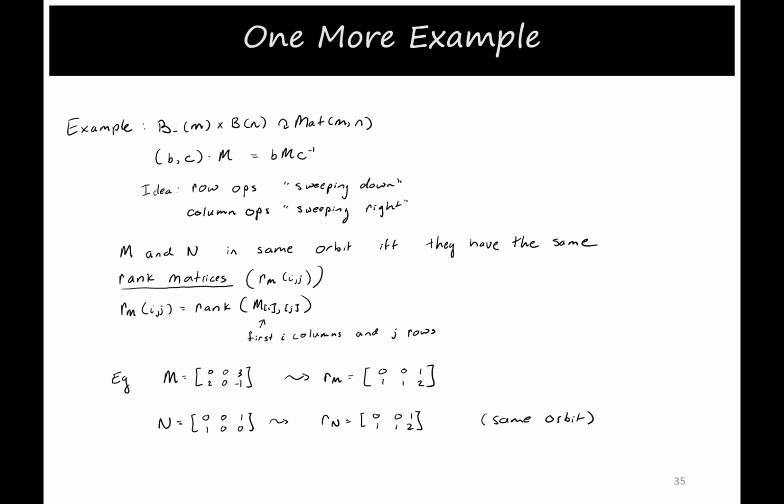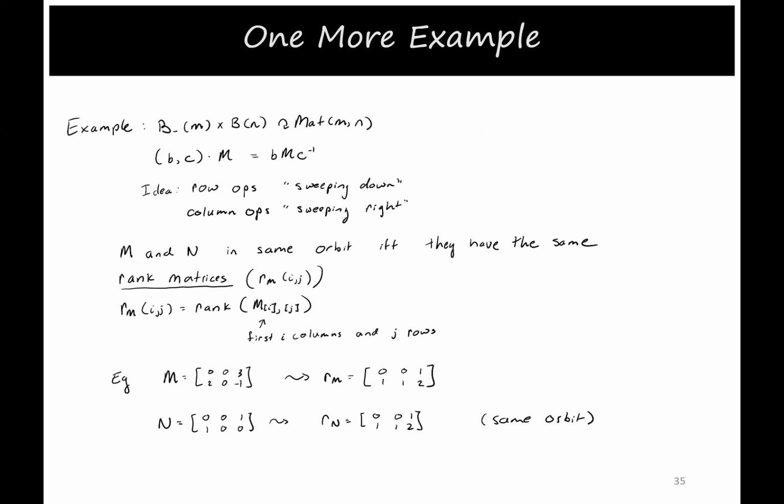And the idea, really, is that if I take my matrix and I want to start doing linear algebra operations, I can do row operations that sweep down. So I can take copies of a row and add them to lower rows. And I can do column operations that sweep right. So I can take a copy of a column and add it to a later column.